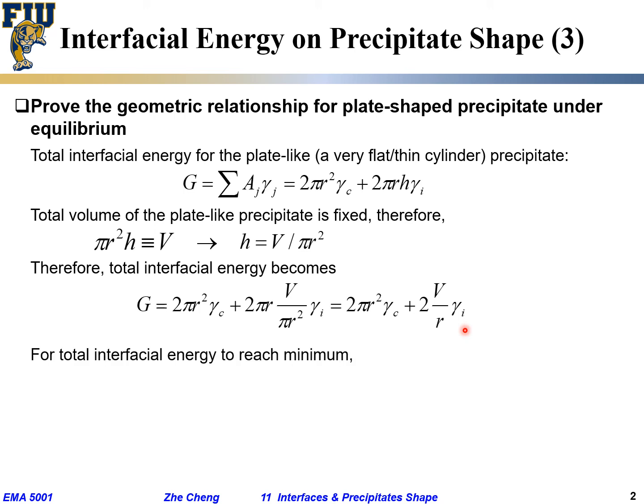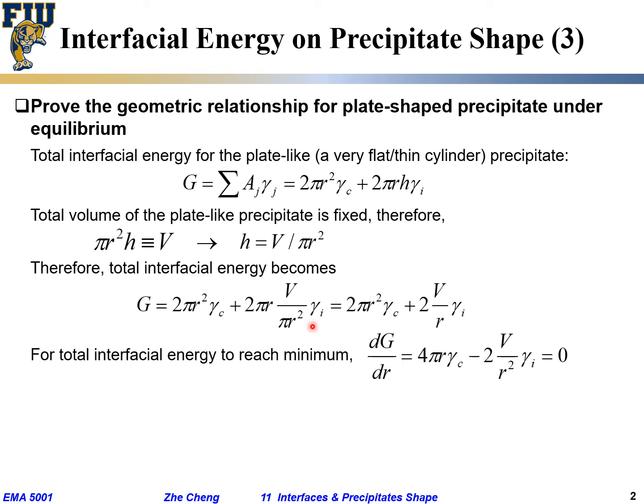Now, under equilibrium, we want this G to what? Reach a minimum, not zero. You cannot, because zero would mean the interfacial area goes to zero. It never goes to zero. But we want equilibrium, we want the most stable state, the so-called minimum value. Mathematically, for G to reach a minimum value means what?